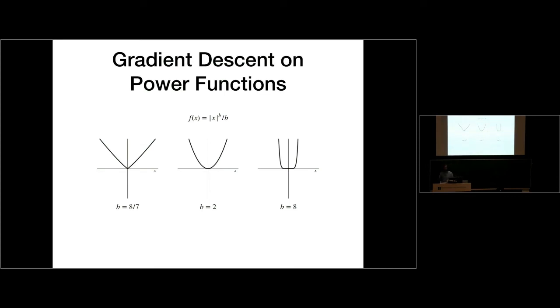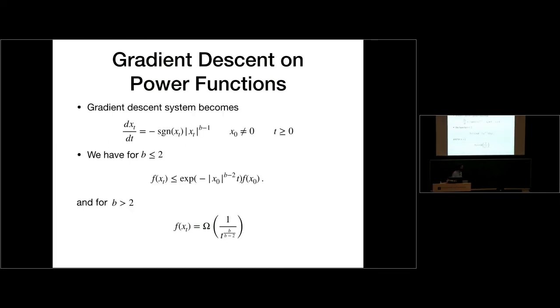Okay, so this is what these functions look like. If b is 2, we get quadratics. If b is bigger than 2, then we get functions that are growing very, very fast far away from 0, and are very, very flat near 0. For b less than 2, we get functions that are very peaked at 0 and very flat far away from 0.